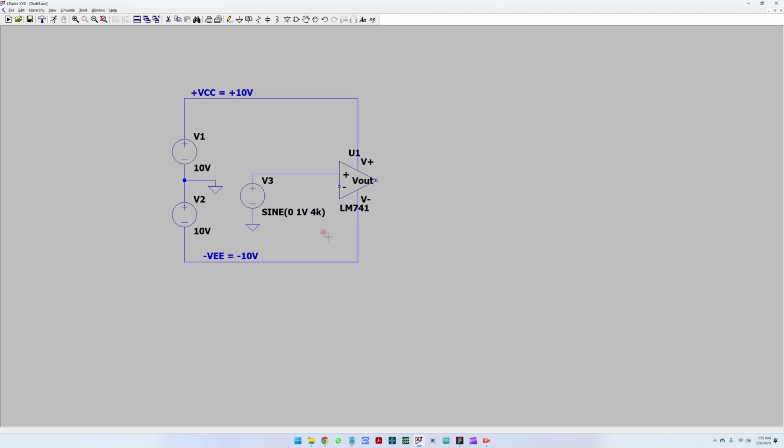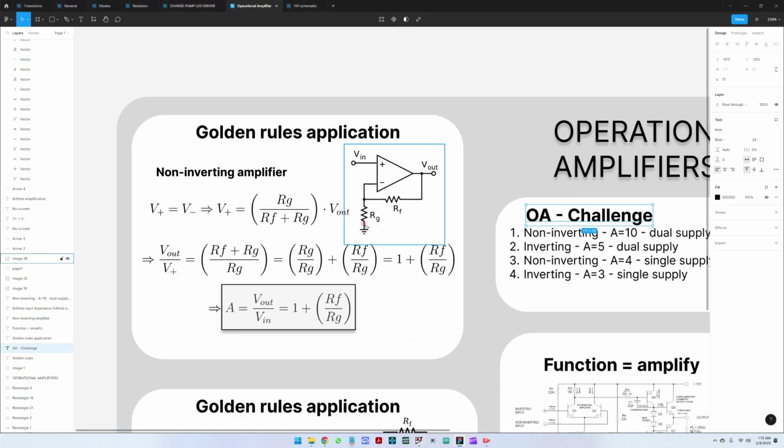Great. The last thing we have to do is to create the feedback network. As we've defined here, for a total amplification of 7, if we extract 1, this means that 6 has to be the value for this division.